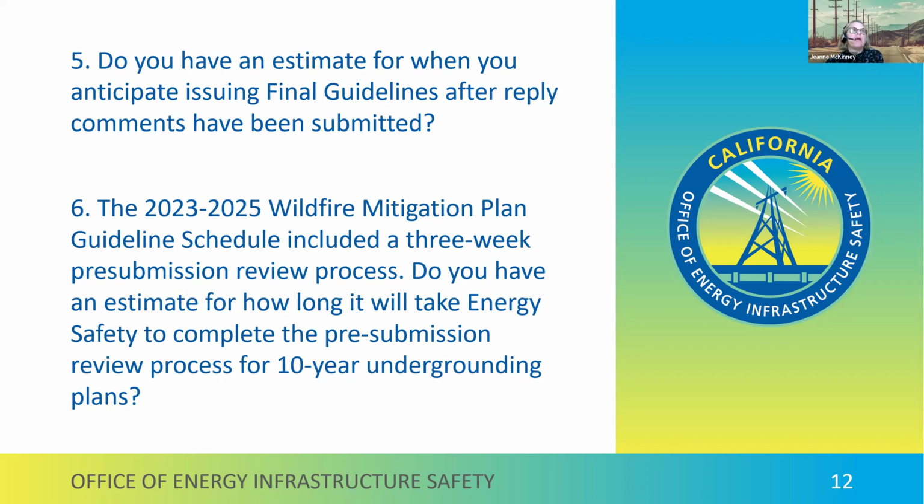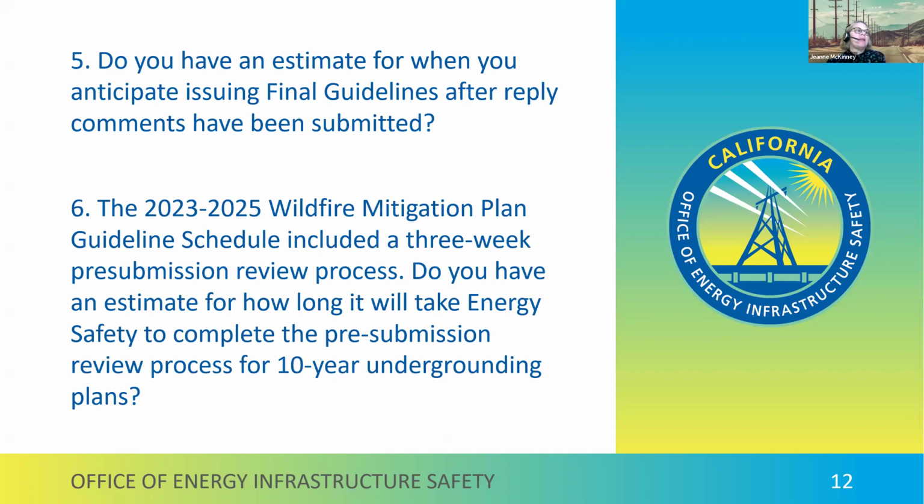2023-2025 Wildfire Mitigation Plan guideline schedule included a 3-week pre-submission review process. Do you have an estimate for how long it will take Energy Safety to complete the pre-submission review process for the 10-year undergrounding plan? So in section 3.1 of the guidelines, we address the pre-submission requirements. The utility has to contact Energy Safety 10 days before they would file an EUP.